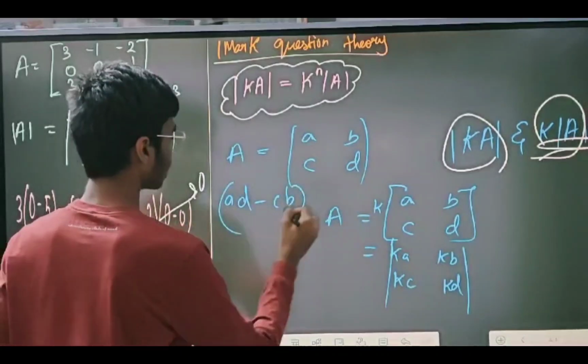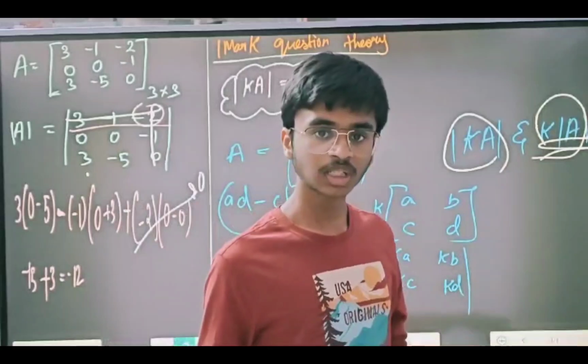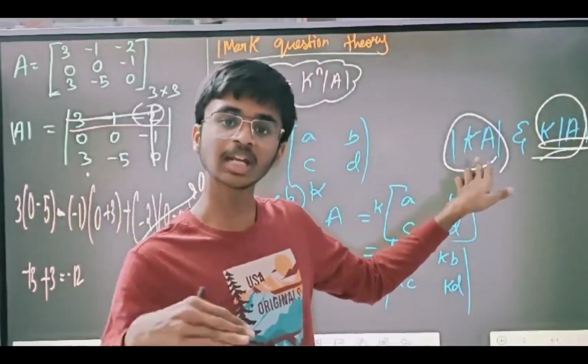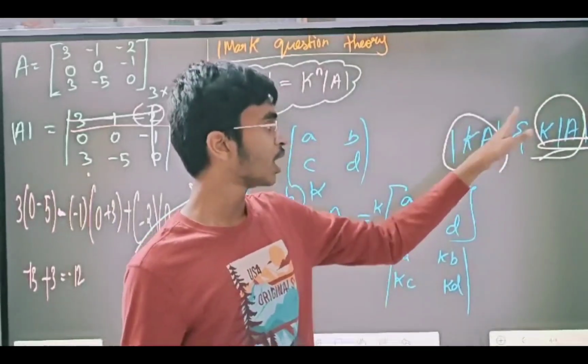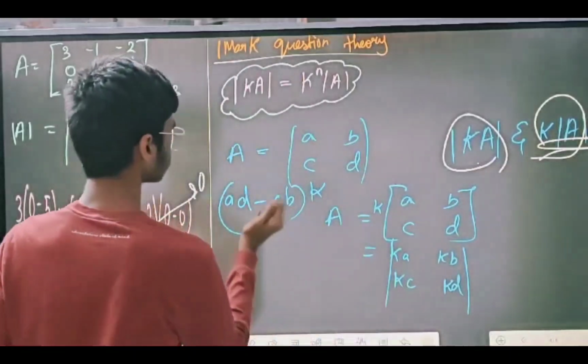Now I'm going to multiply this determinant with k. Here, before finding the determinant even, I multiply the matrix with k, then I find the determinant. Here I'm multiplying k with the matrix. Here I'm multiplying k with the determinant. That's the difference.